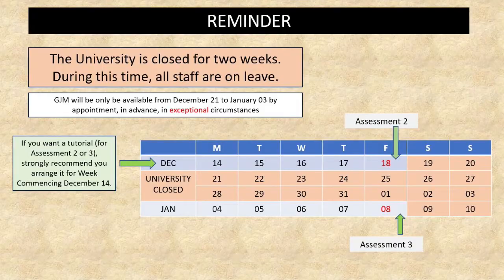So the note in the white box, GJM, that's me, I will only be available from December the 21st to January the 3rd. I'm not saying completely no, but it's by appointment only, in advance, and exceptional circumstances. I've put exceptional in red, so seriously exceptional.